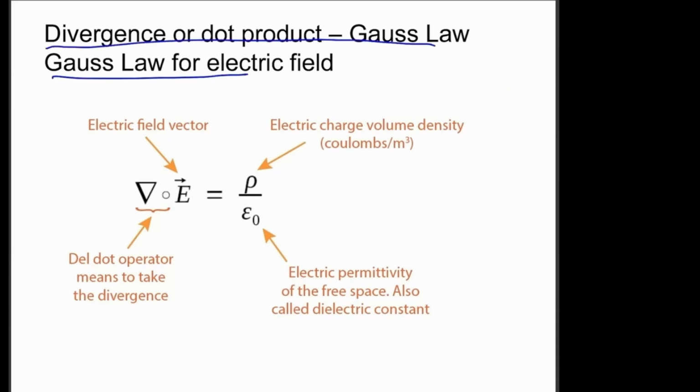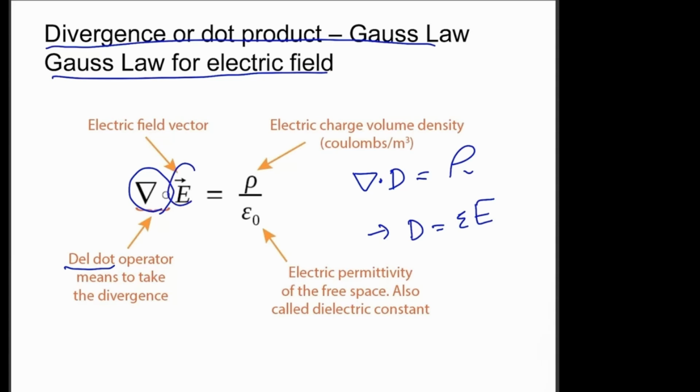Gauss's law for electric fields can be written as del dot D equal to rho V, where D is equal to epsilon E. This one is a dot product. Del dot product, as we learned before, gives an output that is a scalar. This is the vector field of E, the electric field.